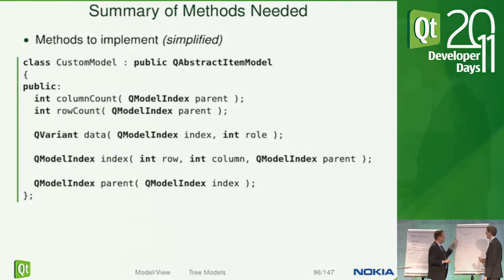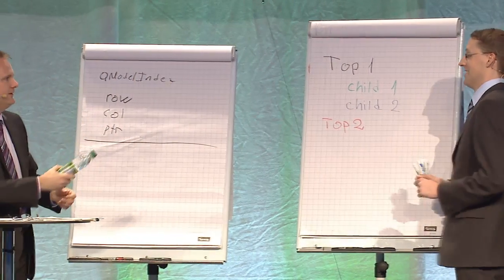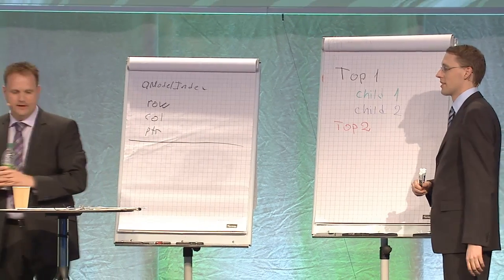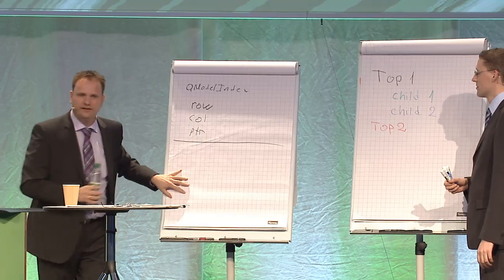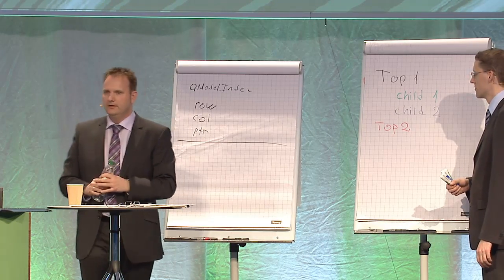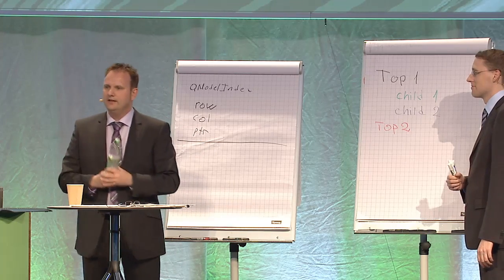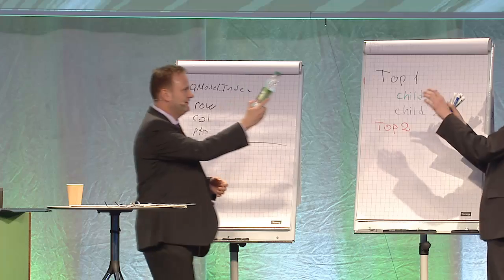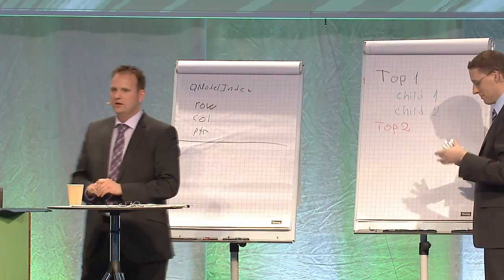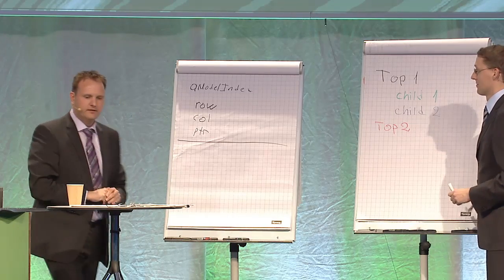That is the parent of all the other ones. So I'll say, Volker, rowCount. And he will say 2. Now I'm already ready to draw over here. I know that I should ask twice for how many children he has at the top. So I'll say, Volker, I would like a model index at row 0, column 0, with this one being the parent.